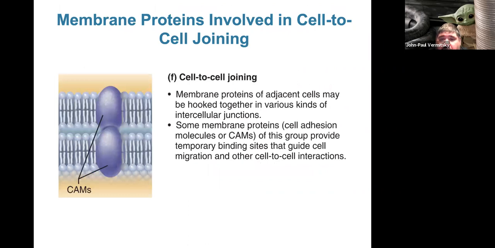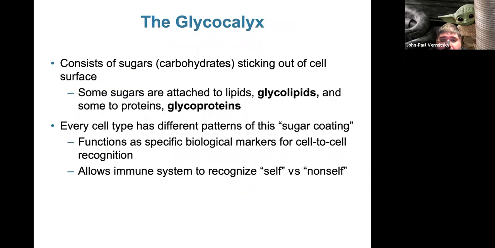Cell-to-cell joining. Membrane proteins of adjacent cells may be hooked together in various kinds of intercellular junctions. Some membrane proteins of this group provide temporary binding sites that guide cell migration and other cell-to-cell interactions. So the glycocalyx consists of sugars or carbohydrates sticking out of the cell surface.